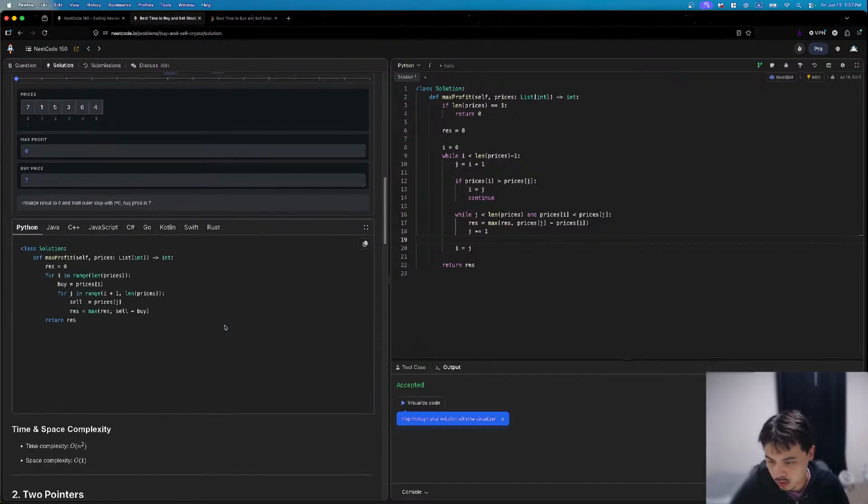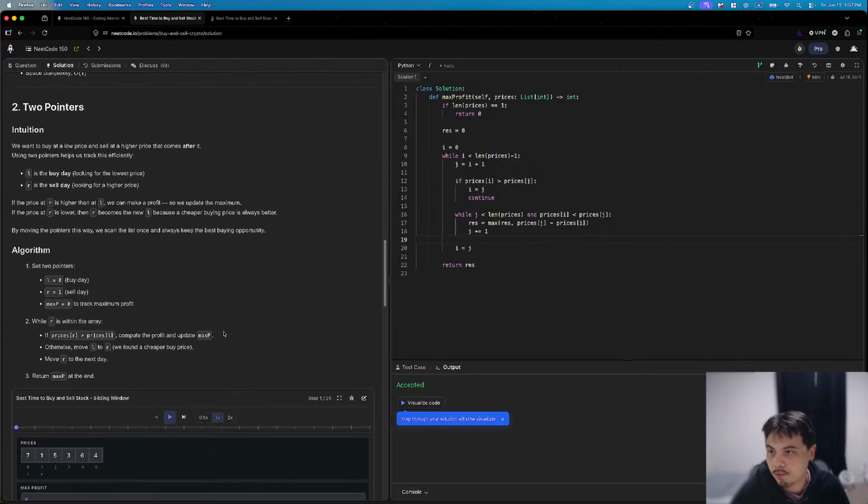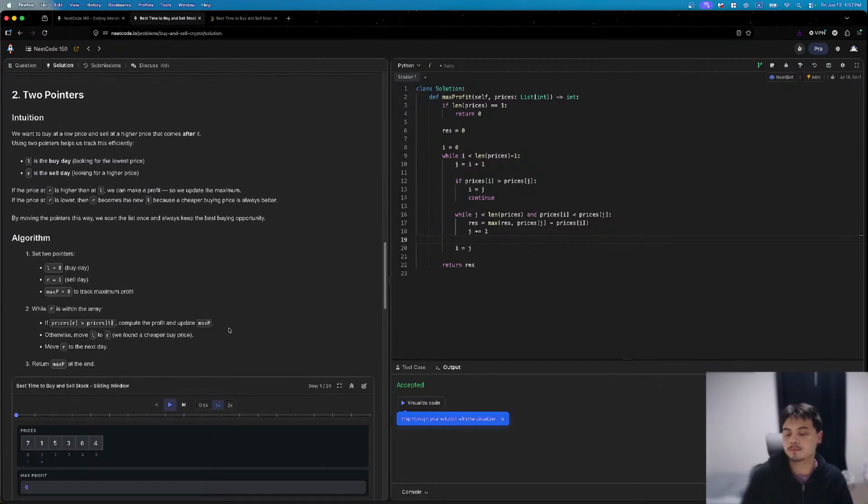Okay, that's like n squared. That's n squared. Don't want that. I want to buy at a low price and sell at a higher price, that comes after, using two pointers.